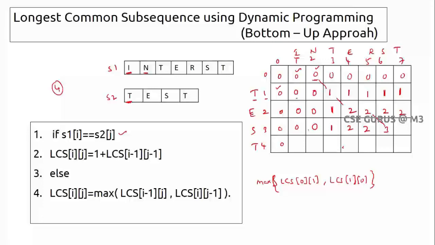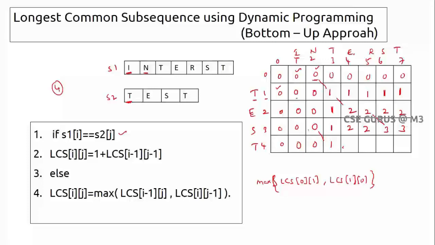Now S and T not matching, what is the maximum of these two? 3. Now T and I, of course, not matching, 0. Here T and T, yes, matching, so 1 plus 0, which is 1, right?